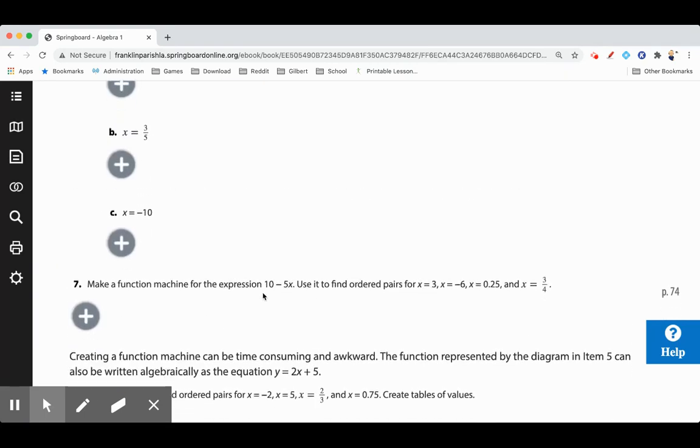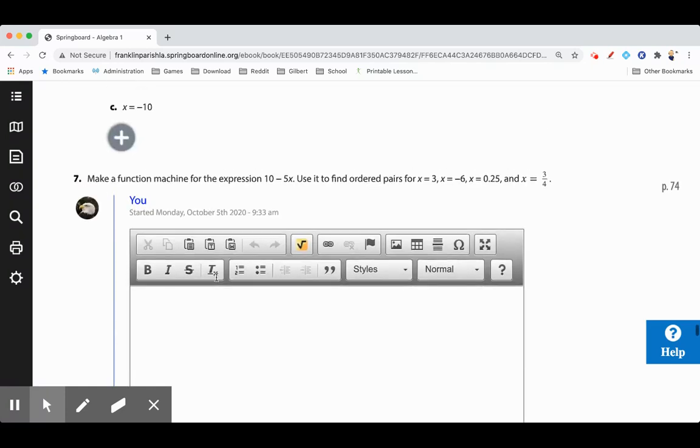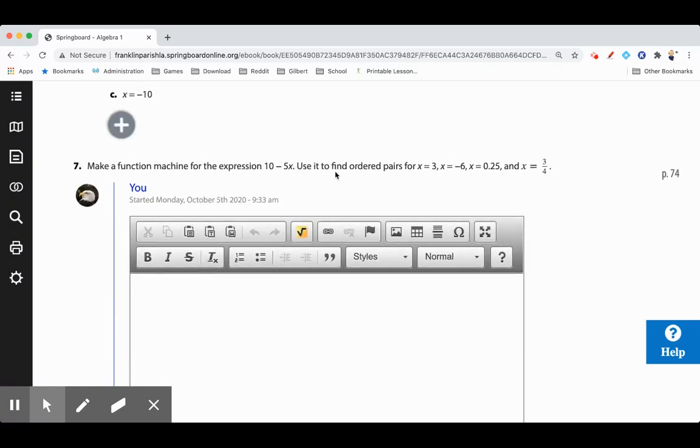Make a function machine for this expression, 10 minus 5x. Use it to find the ordered pairs for 3, -6, 0.25, and 3/4. Let's just do one of them just to show you what we're talking about. We're going to replace the x with these numbers, and we're going to get out an answer, and then we're going to write it as an ordered pair, what we put in and what we got out.